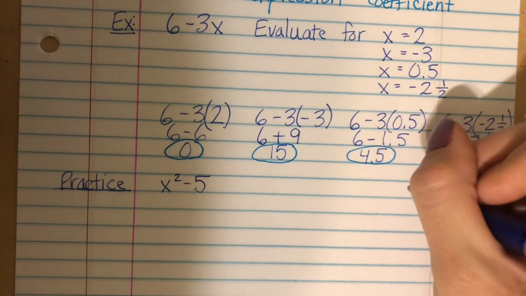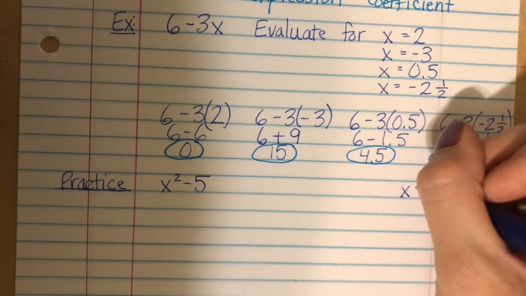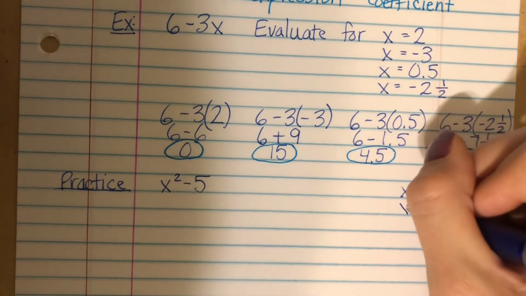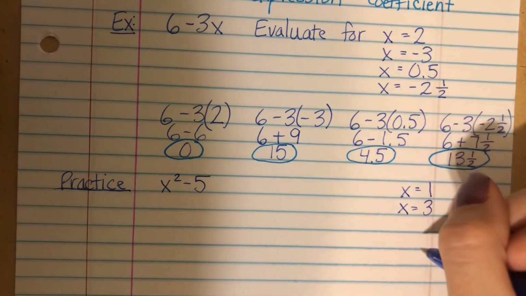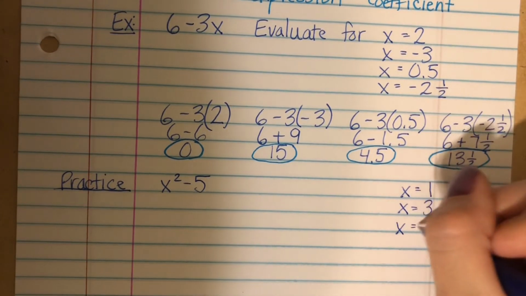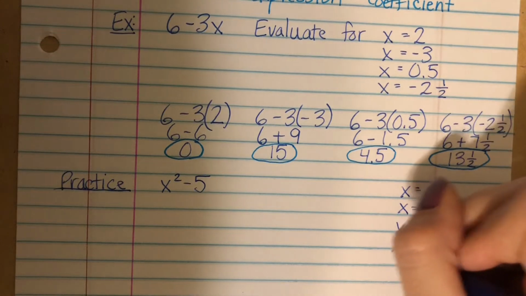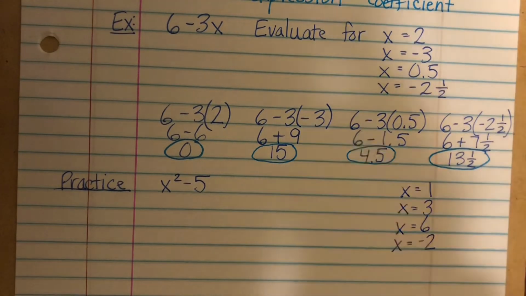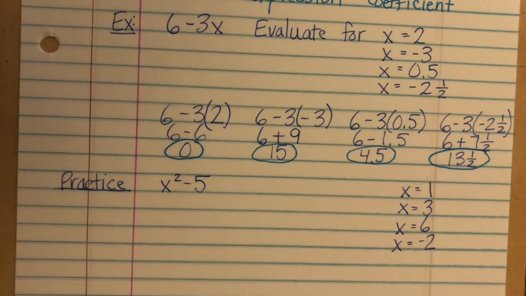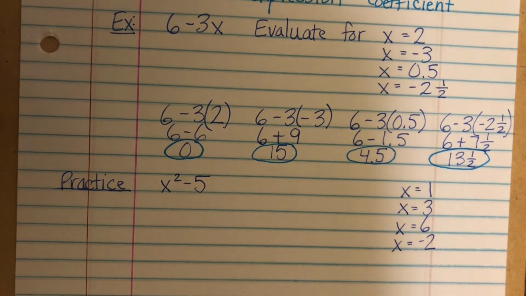I'm gonna come over here so we have room. So x is equal to 1, x is equal to 3, x is equal to 6, and x is equal to -2. Go ahead and pause the video and try this real quick, and then I'll go over it with you.